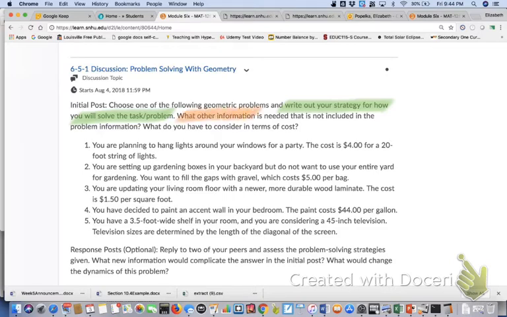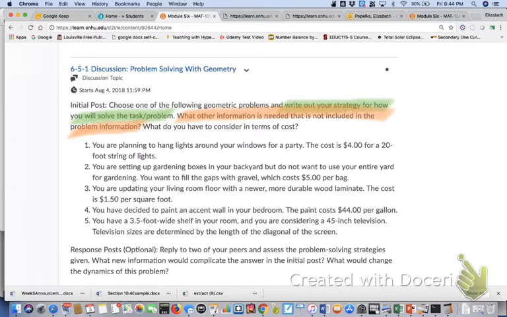The second part is the part that, for some reason, gets left out a lot. What other information is needed that is not included in the problem information? For every one of these problems, there is a very important piece of information, well, actually, more than one, that is not included. So you don't need to actually make up numbers.